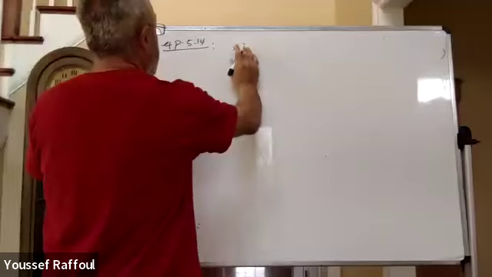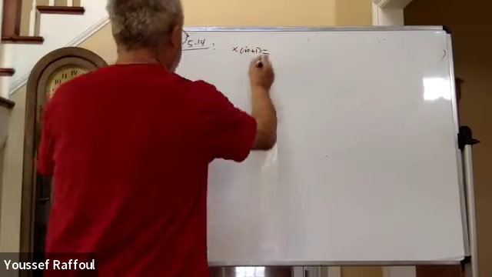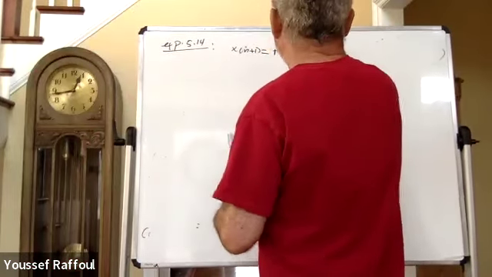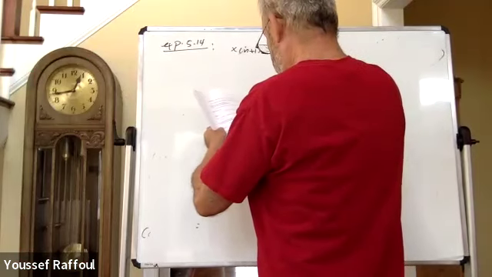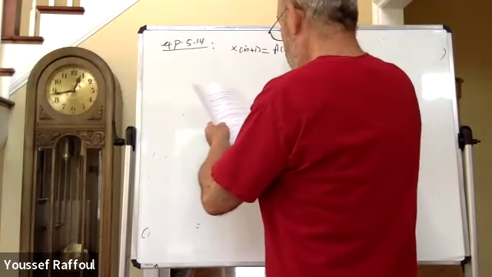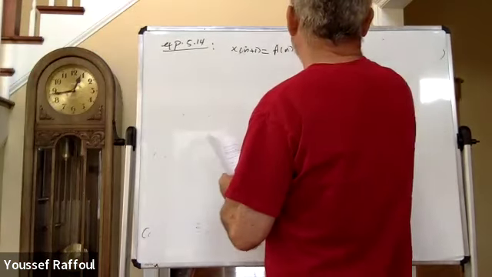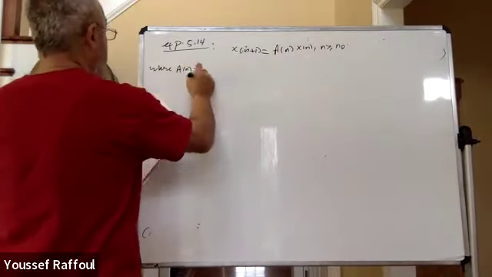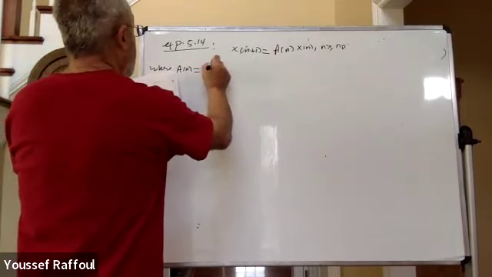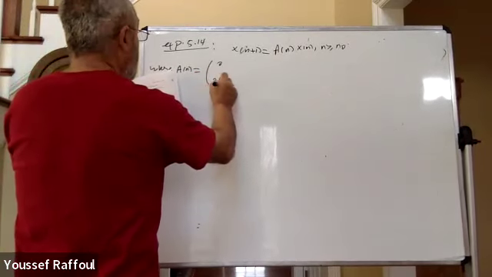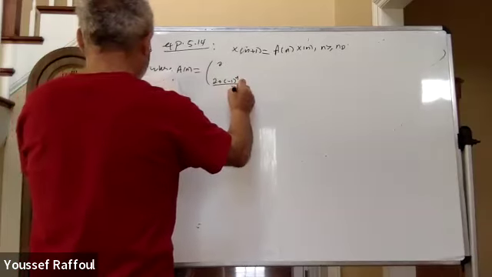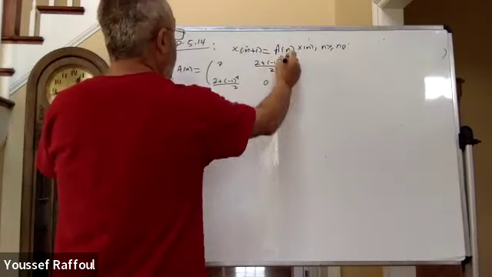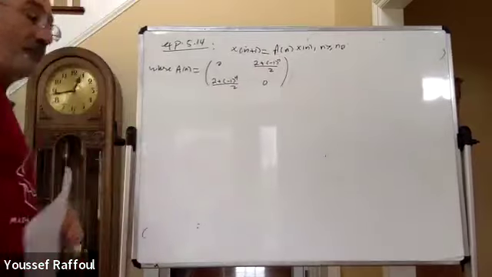So let's consider x_{n+1} equal to a_n x_n, n bigger or equal to n_0, where a_n is equal to the matrix with entries 0, (square root of 3 over 2) plus minus 1 to the n, (square root of 3 over 2) plus minus 1 to the n, and 0, 0. Okay?